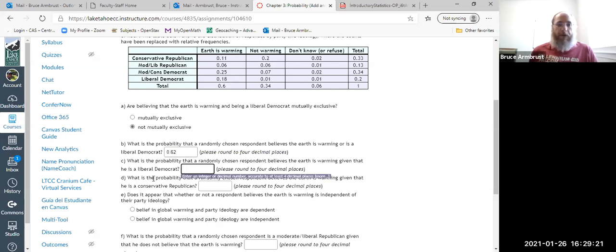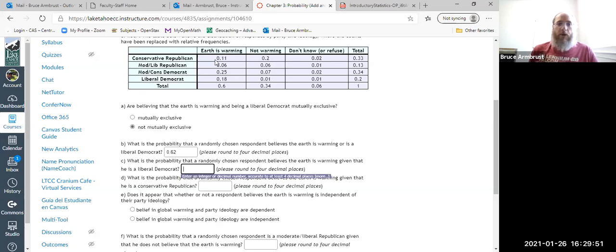Okay, so let's come down to part C. Part C says, what's the probability that a randomly chosen respondent believes the earth is warming given that he's a liberal Democrat? All right, so now with the givens, remember the idea behind the givens is we're not looking at the whole sample now. We're only looking at those that were of a certain type. In this case, that certain type is liberal Democrat.